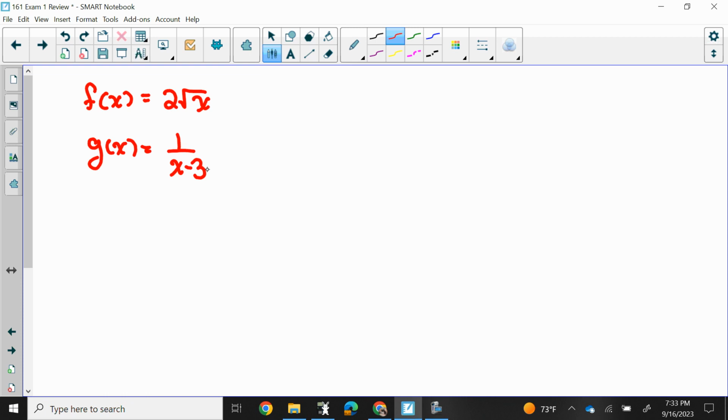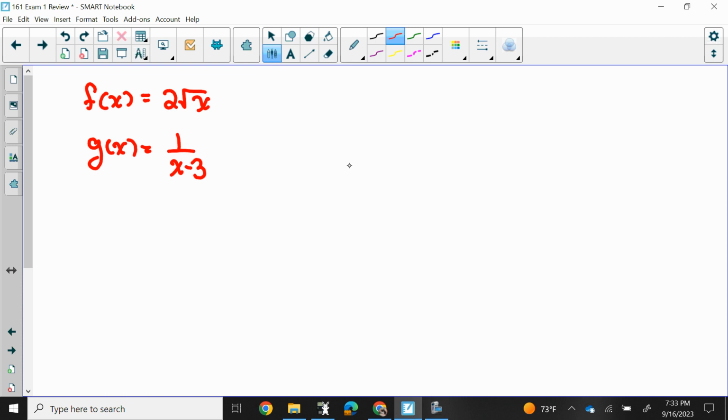Now, one of the things that you're going to have to do is when you do a combination of functions, your domain has to include both of these. So we're going to do f of x over g of x, f over g of x.